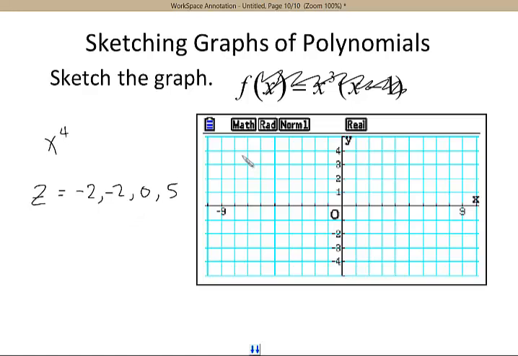So you know it's going to be up and up, and you know that it's going to go through the -2, 0, and 5. Okay? You know it's going to be up and up. Because there are two -2s, you're going to bounce off the -2, come through the 0, come back through the 5. That's how it's going to look.